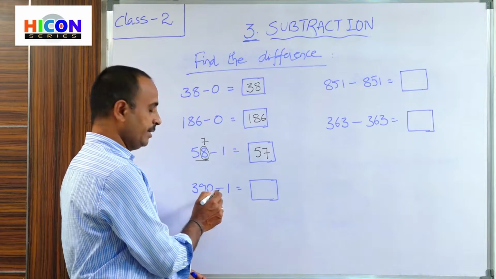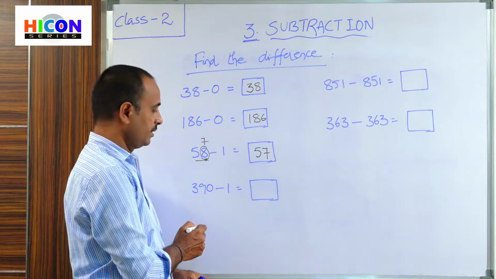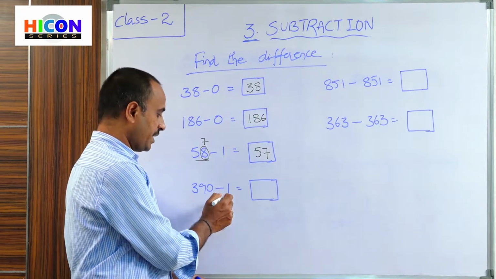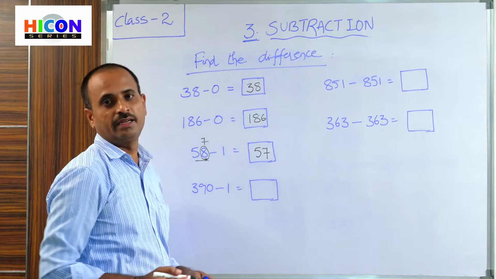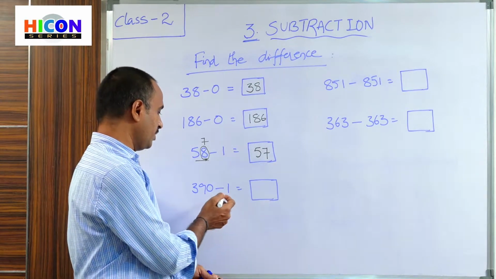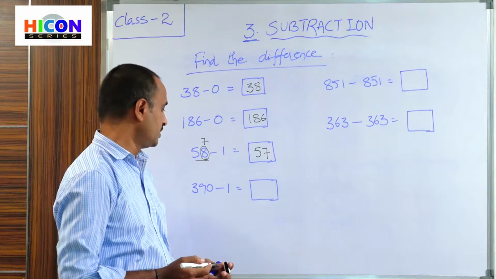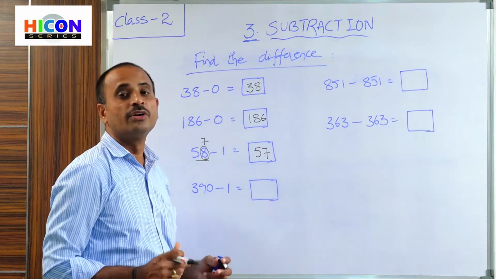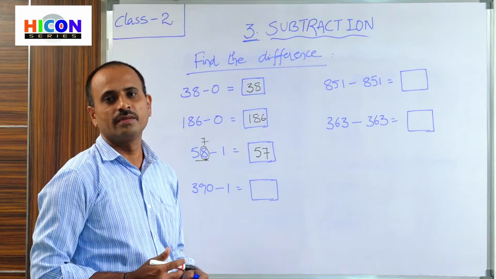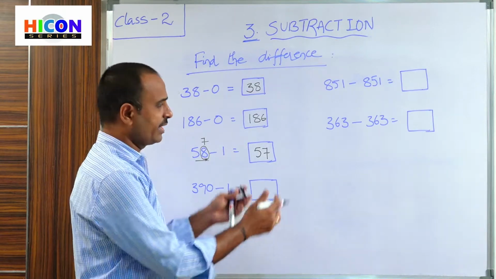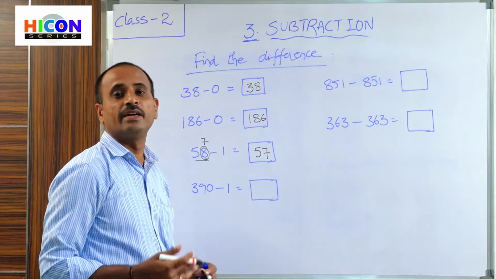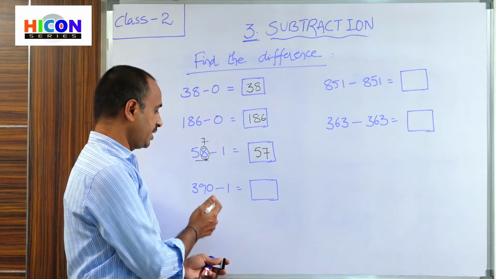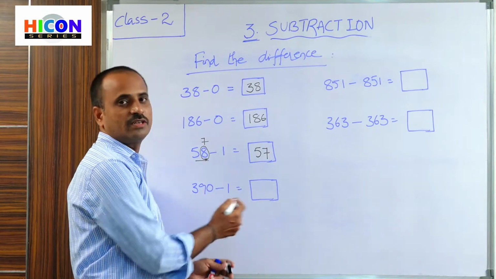Here it is 390 minus 1. So we have to subtract 1 from 390. How can we subtract 1 from 390? By using subtraction facts, we can simply write the answer without doing calculation. Otherwise we have to do calculations, which is very time taking, but by using subtraction facts, we can simply write the answers.